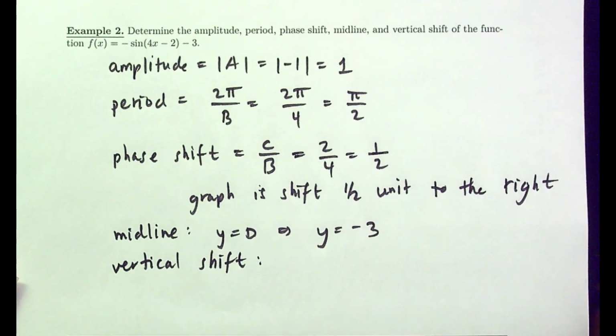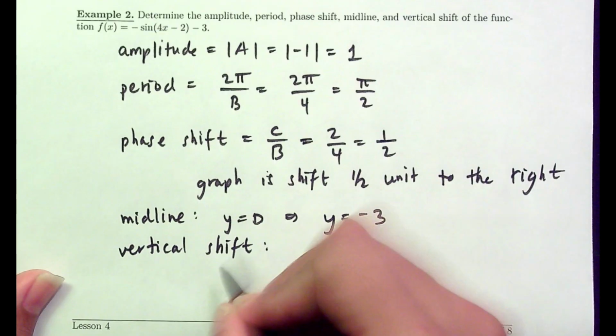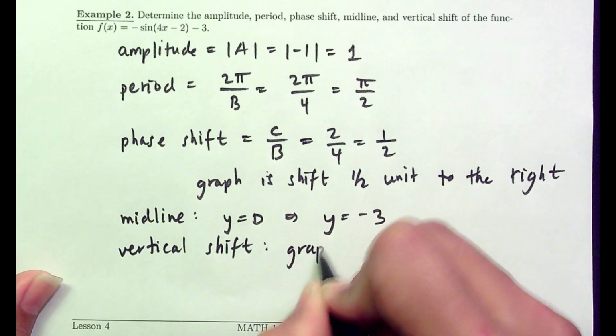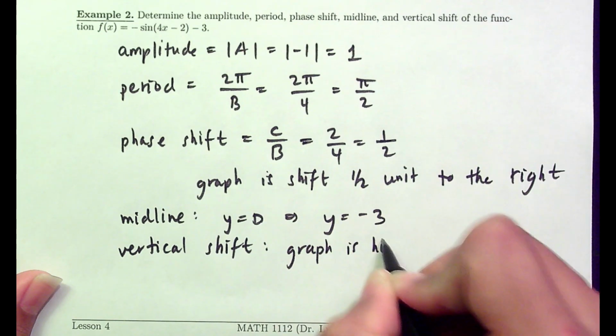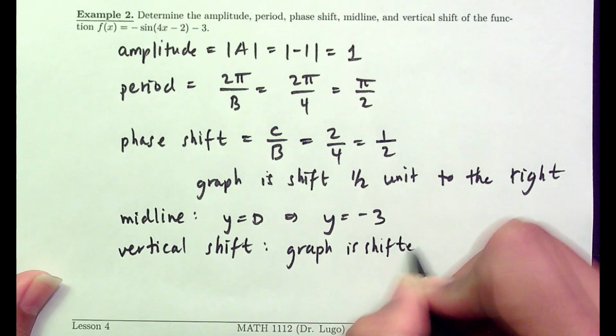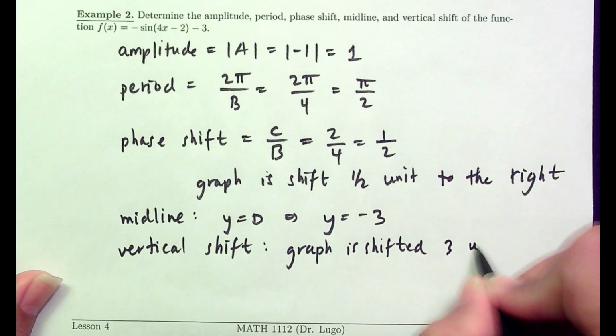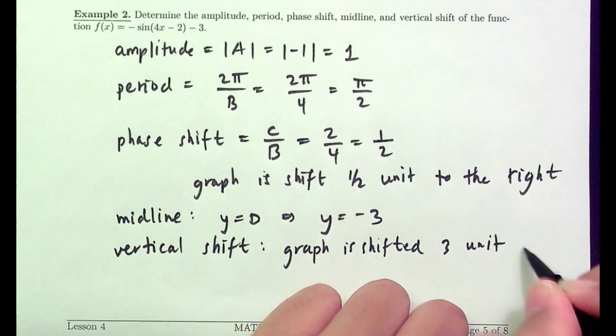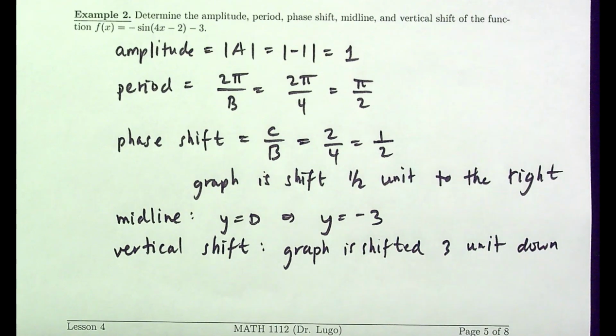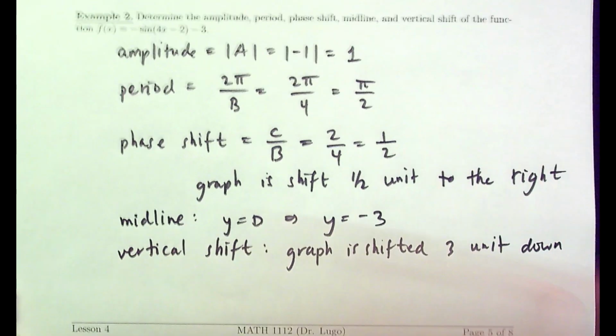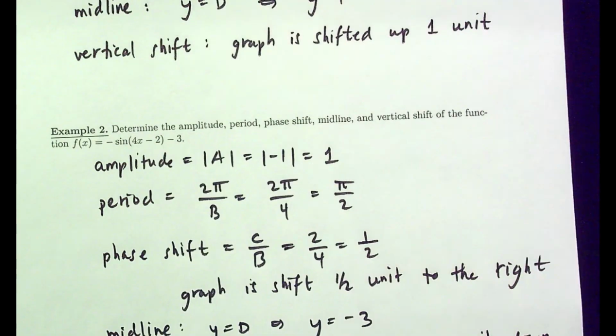It's -3, so that means the basic graph, the original one, is shifted 3 units down or downward. And that's it. Now, for the next examples, we're going to put all of this together and learn how to use it all to sketch the actual graph of whatever sinusoidal function they give us.